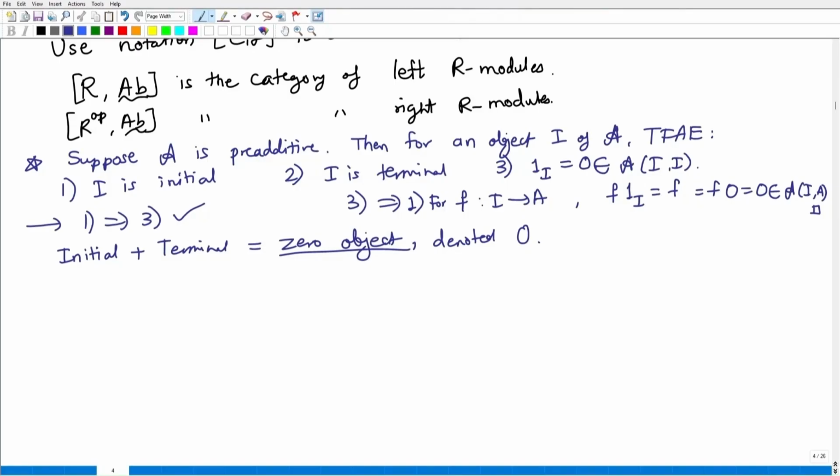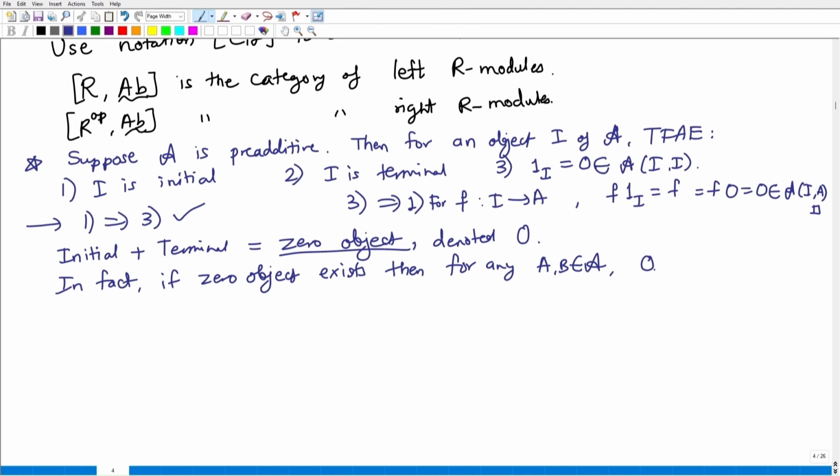In fact, if a 0 object exists, then for any A and B in the category, the 0 of the Hom set Hom(A, B) is actually the composition of these two unique morphisms.